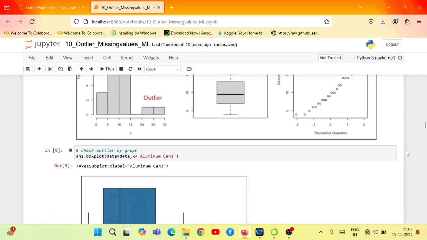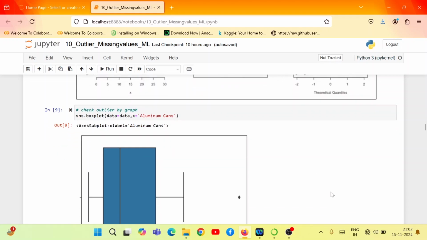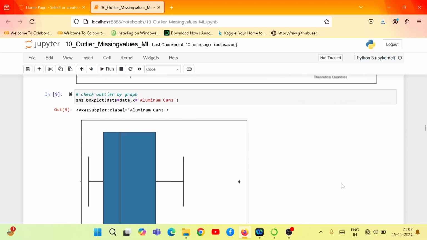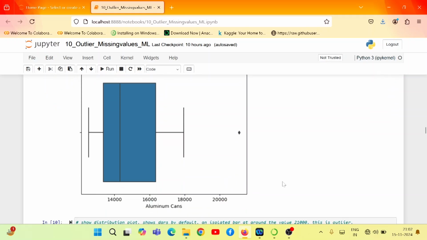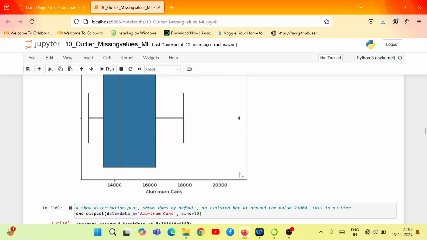To find the outliers in the aluminum can column, we can draw a box plot using the box plot function of the Seaborn module. If you draw it, by seeing this plot you can observe a data point away from the box plot, at the right side, so we can understand that the outlier is at around 21,000, right?